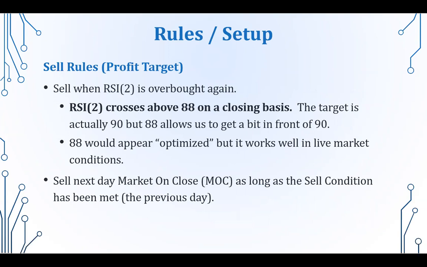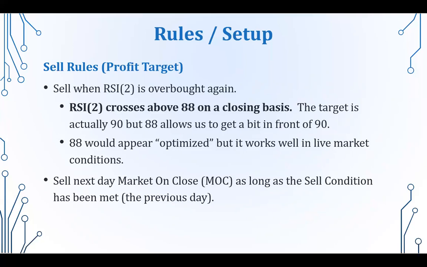Now, in terms of the sell rules for the profit target, we want to sell when the RSI-2 is overbought again. So the RSI-2 crosses above 88 on a closing basis. Now, the target is actually 90, but 88 allows us to get a little bit in front of 90. So 88 would appear to be an optimized parameter, but it actually works quite well in live market conditions.